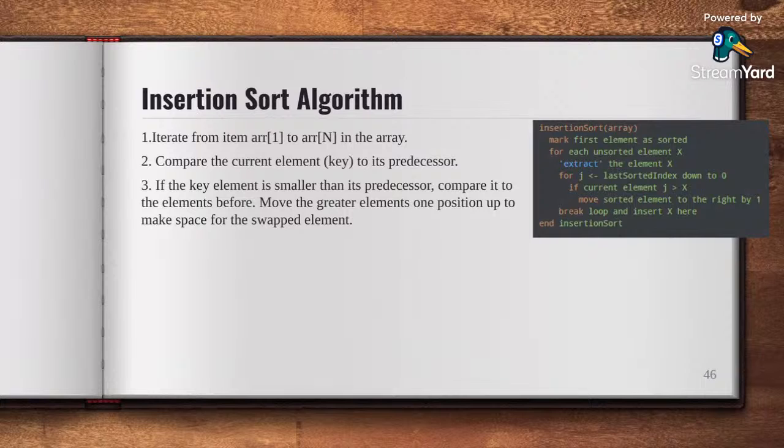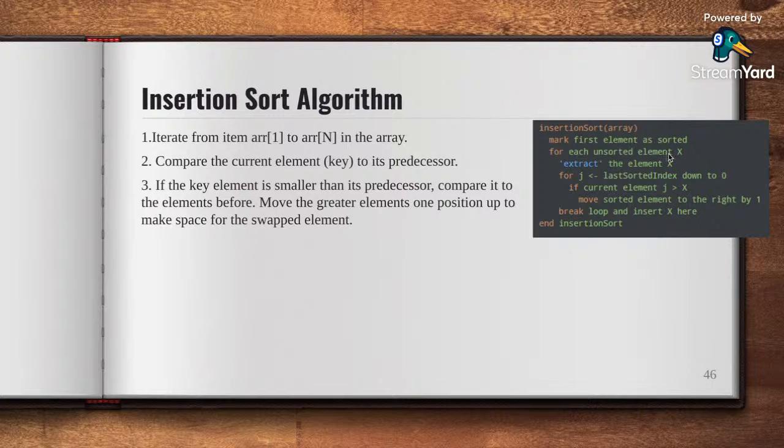Iterate from array 1 to array n, which is from first to last. Compare the current element to its predecessor. If the key element is smaller than its predecessor, compare it to the elements before and move the greater elements one position up to make space for the swapped element. So mark the first element as sorted.